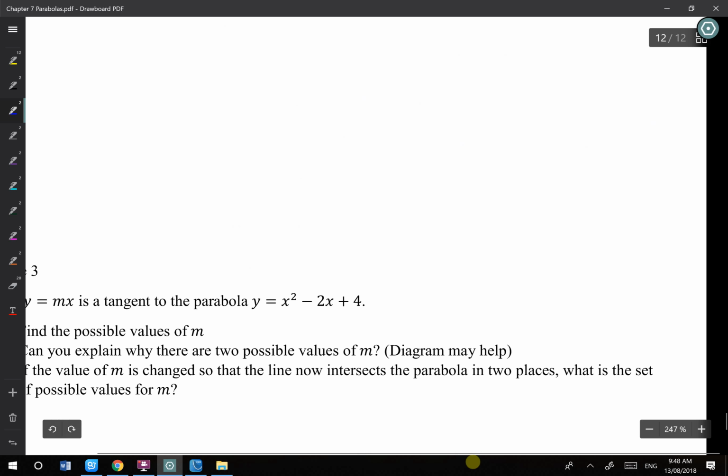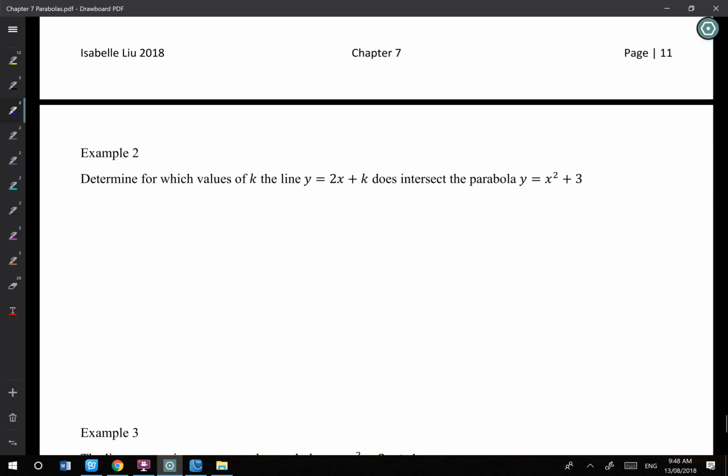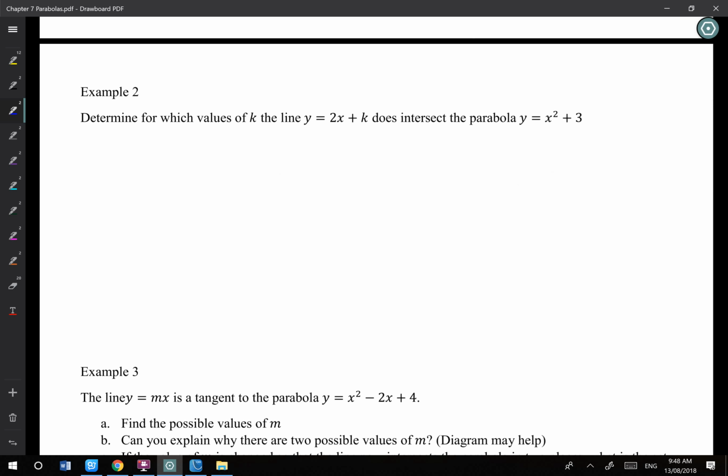If you go to the next page, let's look at the next question here. Determine for what value of k. Okay, this is the type of question we like to ask. We don't always give you a fixed quadratic and a fixed linear and then you solve for it.